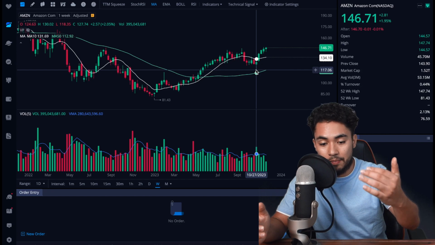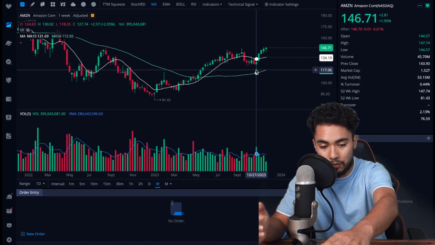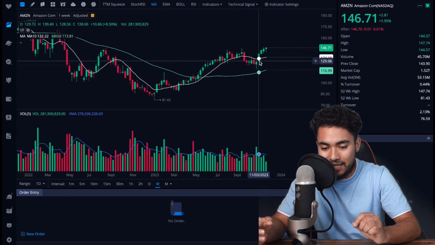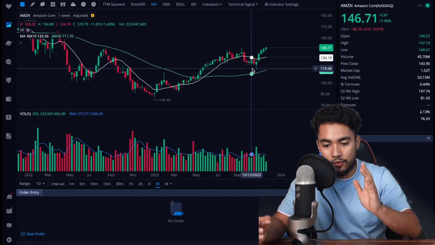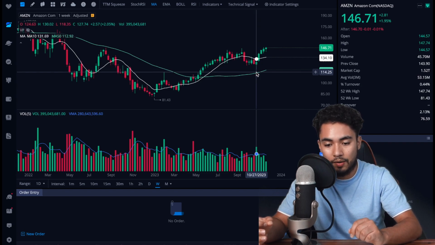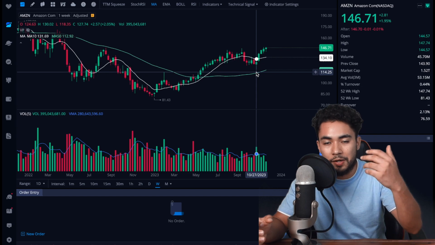Plus you're above the MA again, once again at support of the 50 MA. So the fact that it closed as a green hammer candle, and the fact that it closed as a big green volume bar, that's a bullish anomaly.